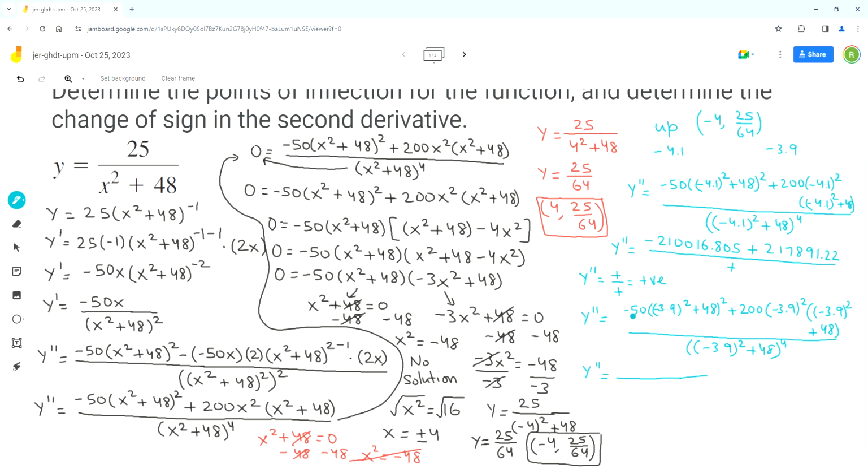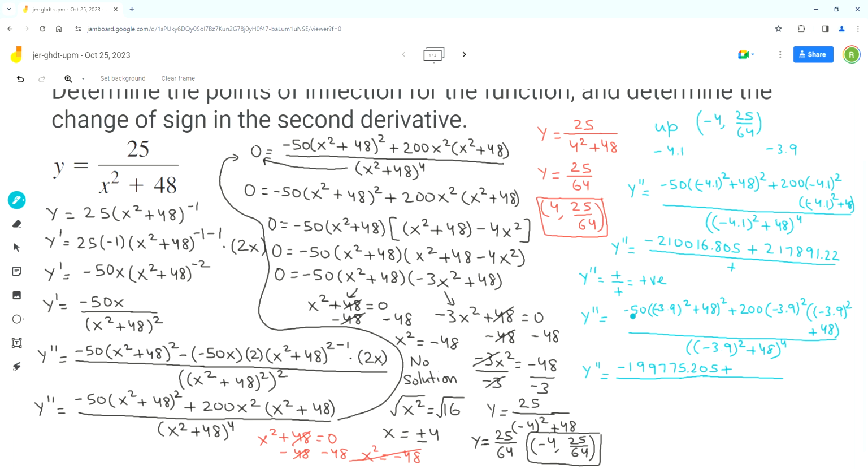So I got negative 199,775.205 and then plus, so now we get 200 times negative 3.9 squared and then parentheses negative 3.9 squared plus 48.